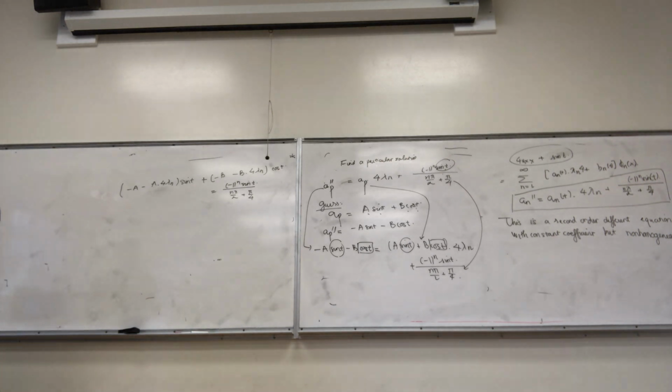So what can I say about A and B from this equation? You compare the coefficients of sine t on the left and the right side, and you get minus A times 4 lambda n is equal to minus 1 to the n over n pi over 2 plus pi over 4, and B would be 0.